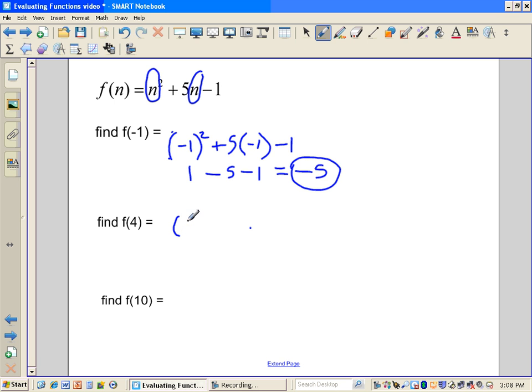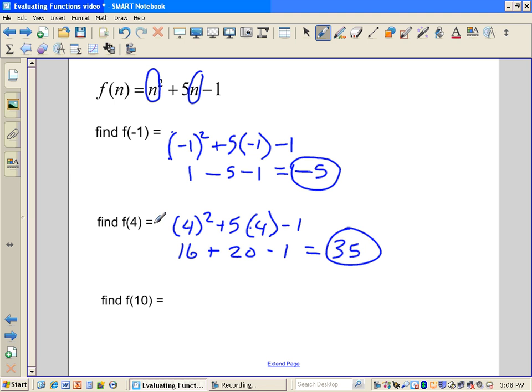I'm going to do 4 squared plus 5 times 4 minus 1. 4 squared, 16. 5 times 4 is 20. Minus 1. 16 plus 20 is 36. Minus 1 is 35. Input of 4, output of 35. Domain of 4, range of 35.